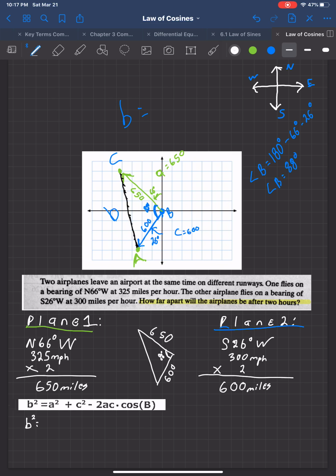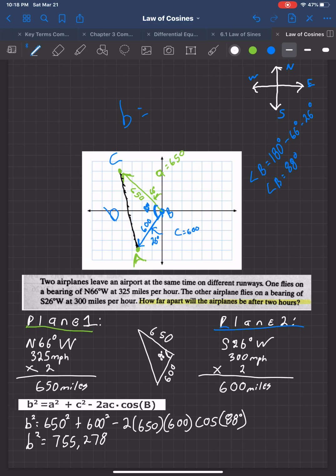So this would be 650 squared plus 600 squared minus 2 times 650 times 600 times cosine of the angle between the two lovers, which is 88 degrees. All right, so we grab our calculator and let it do the heavy lifting. B squared is equal to 755,278.